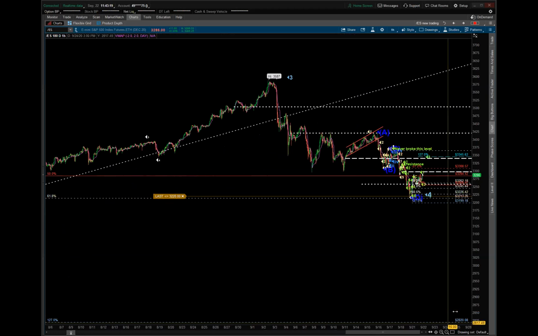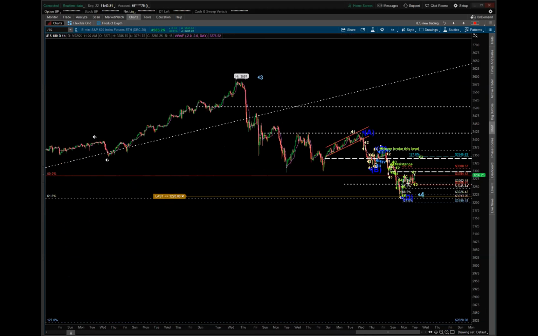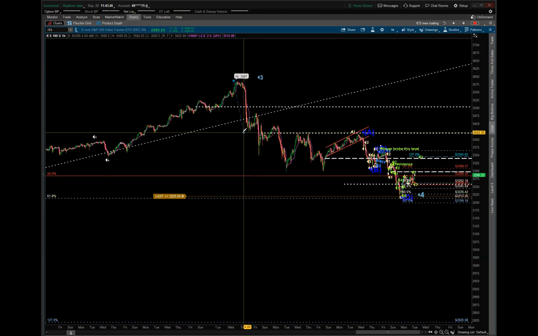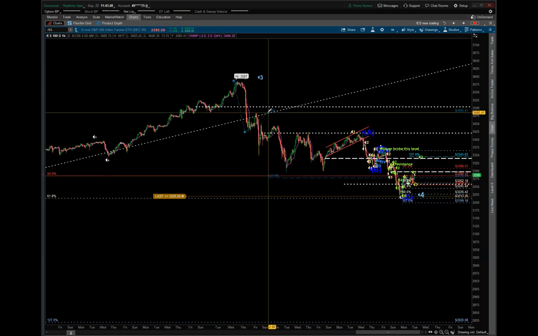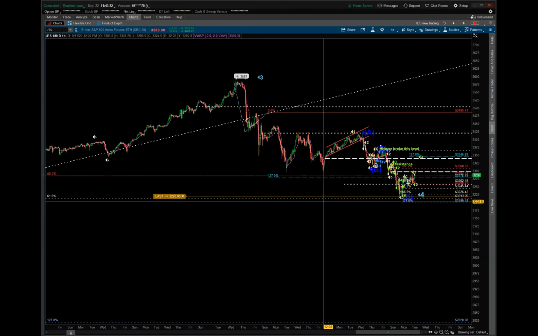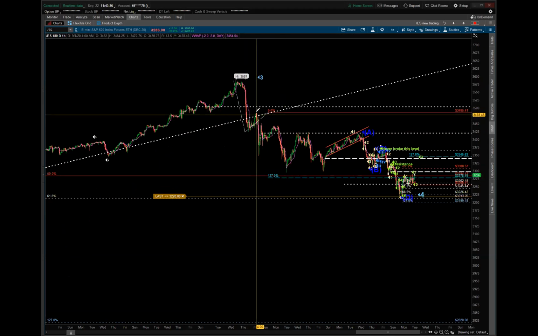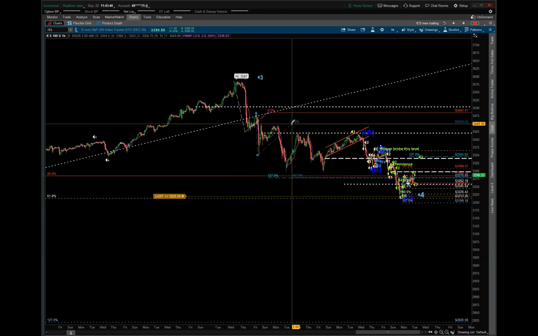So once I find that, then we can use the ABCD from the top. You can see here, and we can see about here. This was an ABCD. Then we can trace again from here, trying to look for the ABCDs.